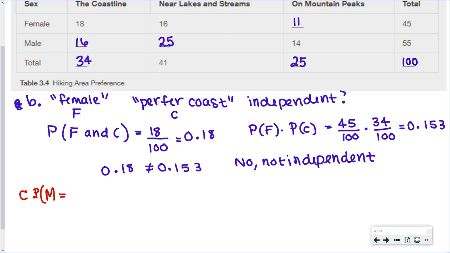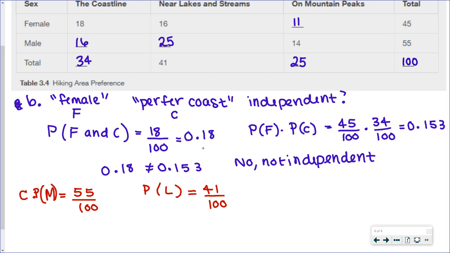So probability of male is 55 out of 100. And the probability of L is going to be the lakes and streams. So lakes and streams is 41 out of 100. It asks us what word tells you this is conditional, and the fact that it says male given, given is the key word. That's what tells us it's conditional.